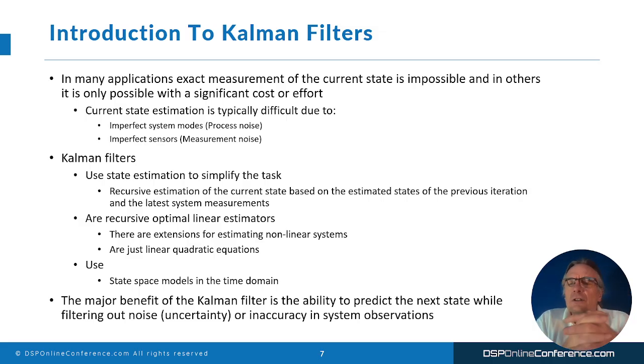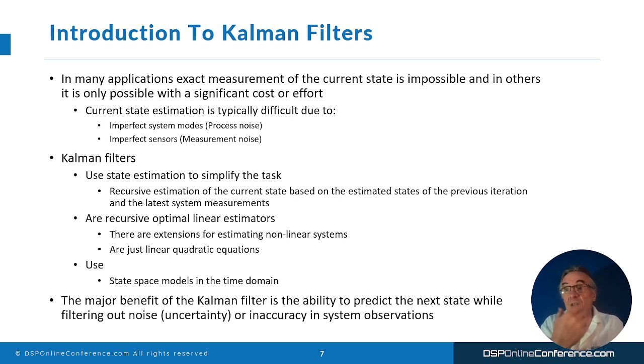But in order to do that, we need to be able to measure position and velocity and other things accurately. And this is where the problem arises. Because in many applications, exact measurement of the current state is impossible. And in other applications, it's only possible with significant cost or effort.